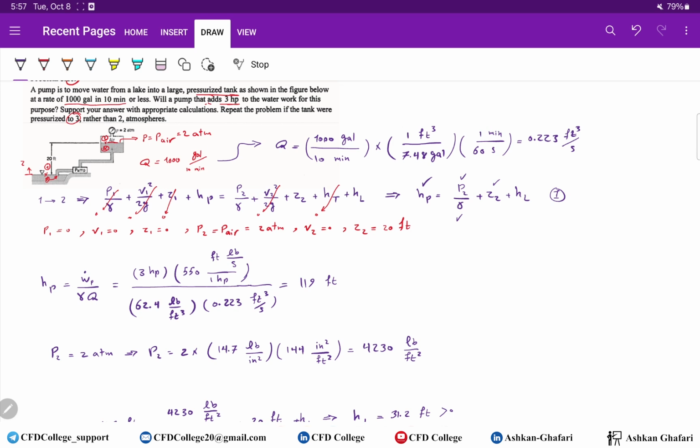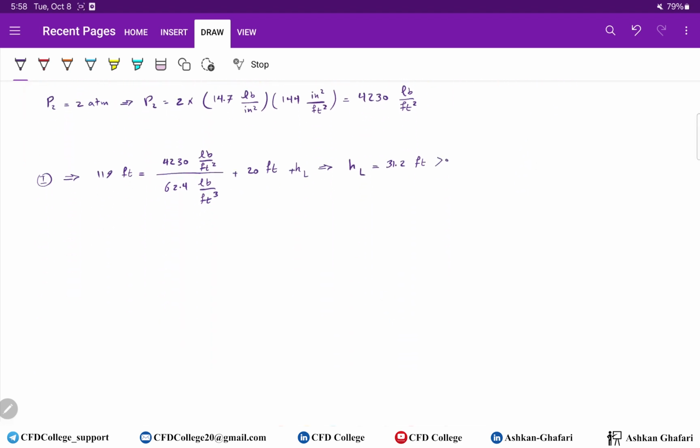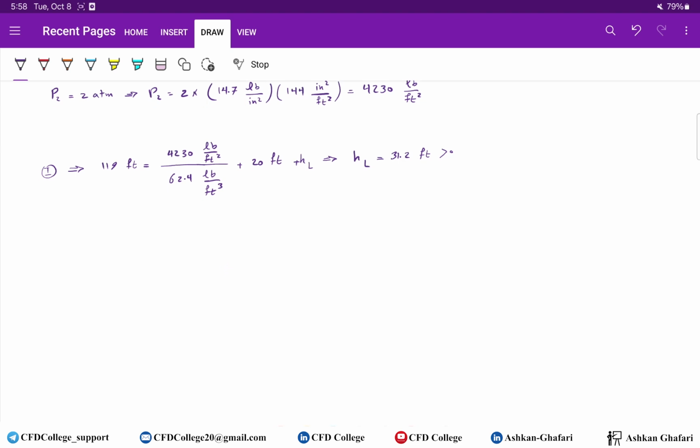But now in part B, we should replace 3 atmospheres instead of 2. So first let's calculate P2.